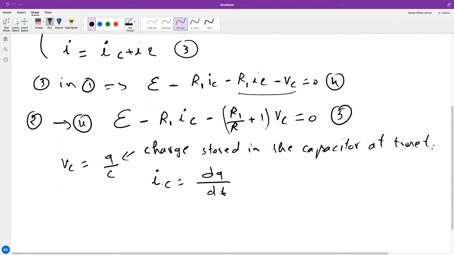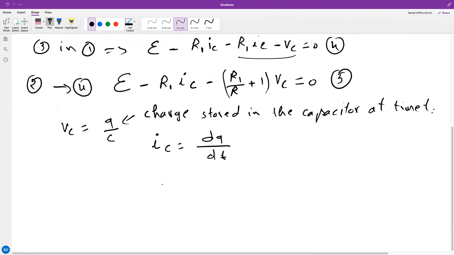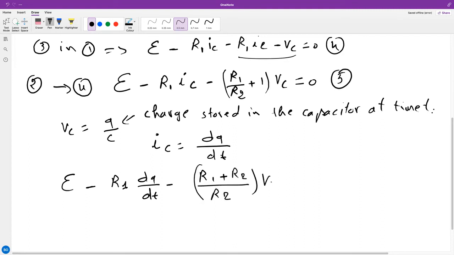This is the current flowing across the capacitor. So I place here R1 IC as R1 dq over dt, minus (R1 plus R2) over R2 times VC.